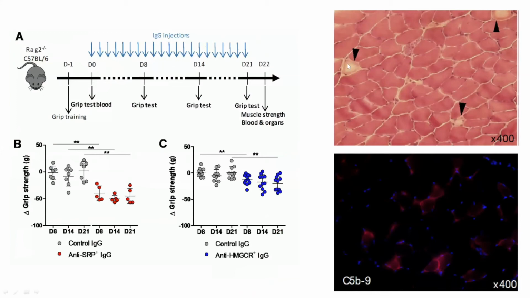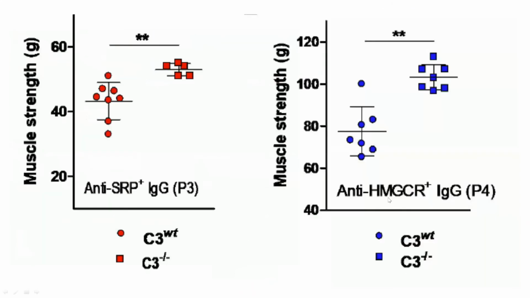And once again, you can observe some necrotic fibers and also some deposits of complement C5b9 on the muscle fibers of the mice. And finally, if we do the same experiments in mice with complement or mice without complement, knocked out for the complement system, then you restore the strength of the mice if they don't have any complement system, if you inject anti-SRP or anti-HMGCR.